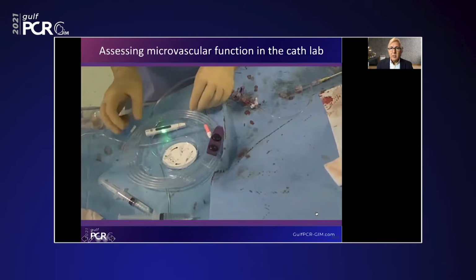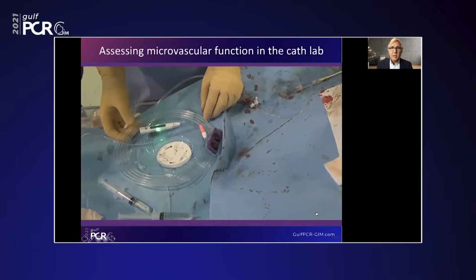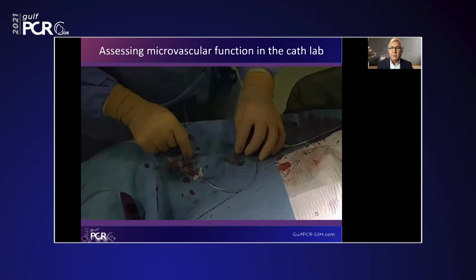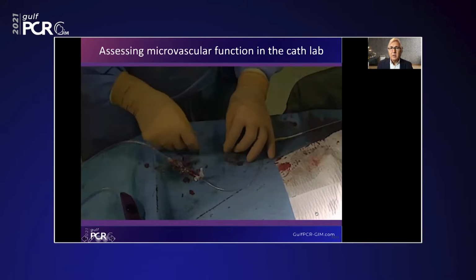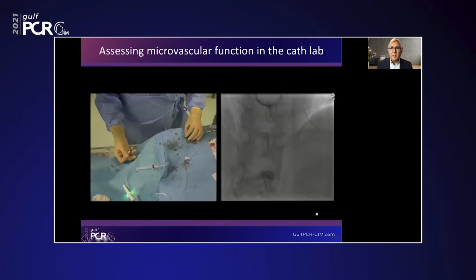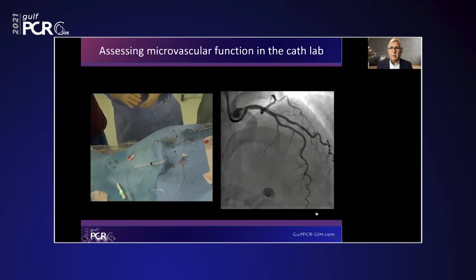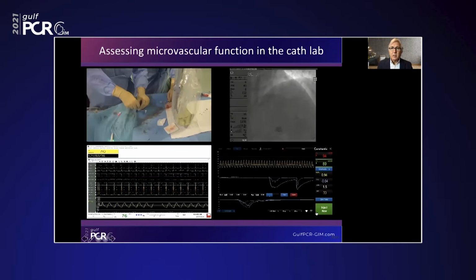And these indexes can be obtained with the same tool that you use to assess epicardial stenosis. A very simple way to use, very similar, is this pressure wire X, that, as you can see here, I'm bringing down the LAD of this patient as part of the diagnostic study.